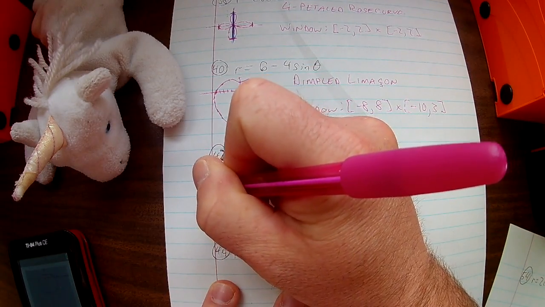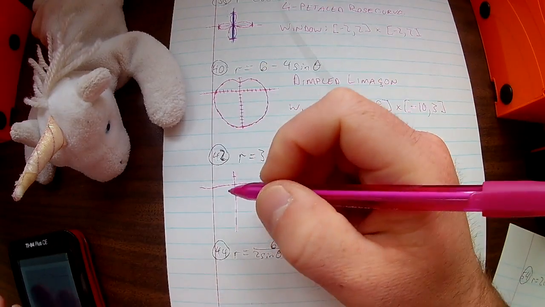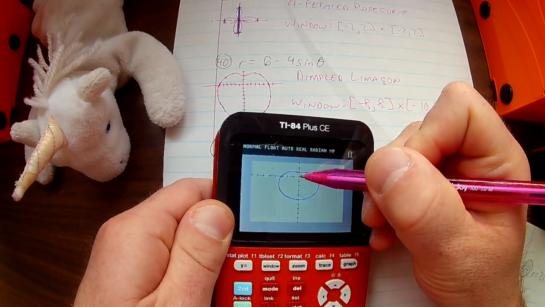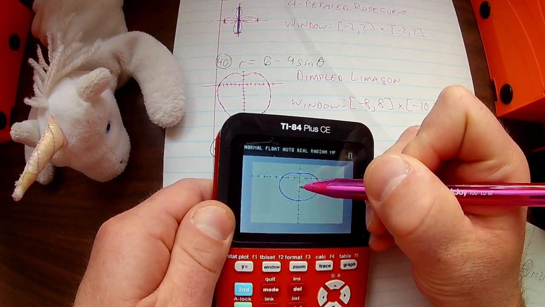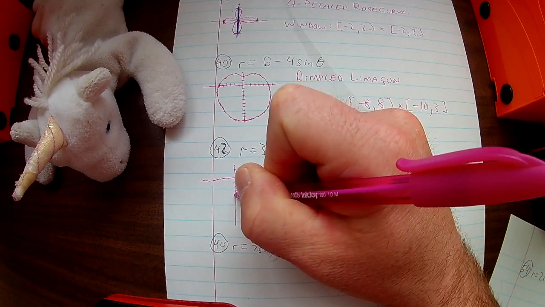So really, we could zoom in a little bit on that graph if we wanted to, and I'm just directly copying it off of here. I see that dimple is up at 1, the bottom 1, 2, 3, 4, 5. It goes down to 5.